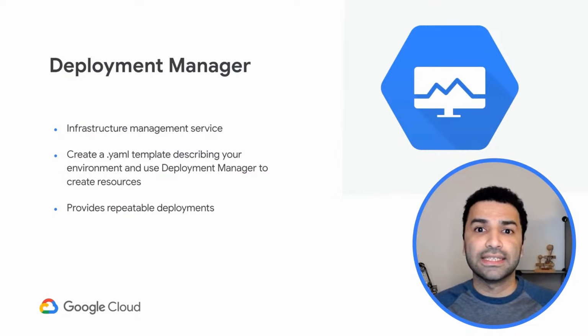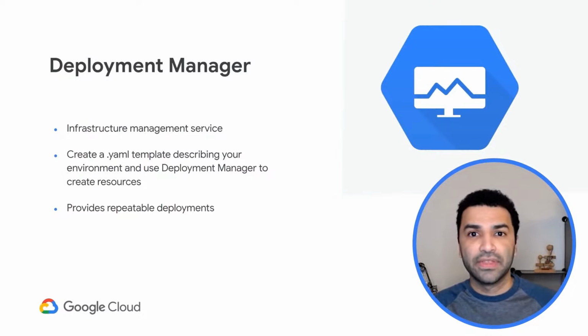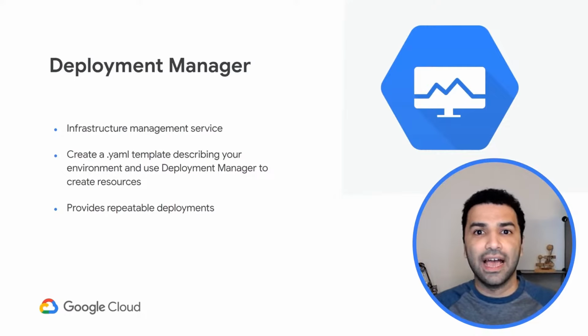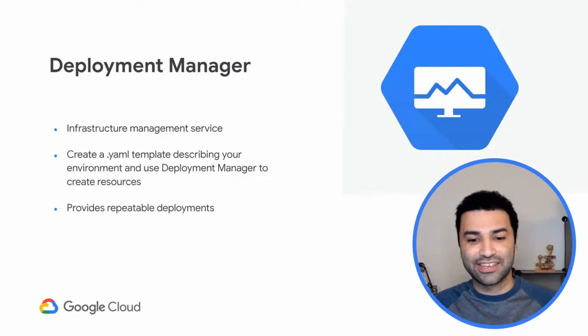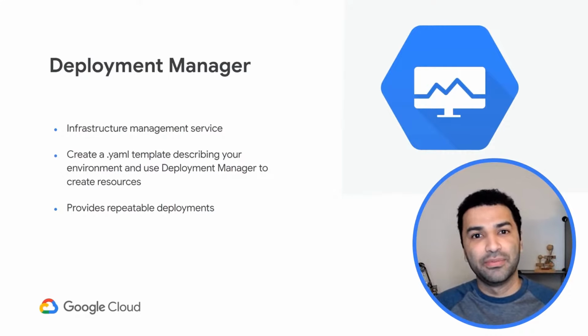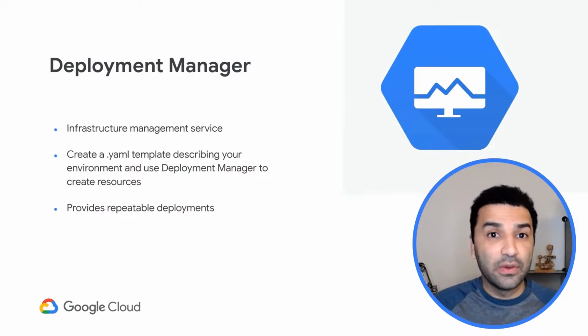Deployment Manager is a way to declaratively define what the infrastructure looks like and then apply it and automatically create your infrastructure. Eventually, you can take that code that created your infrastructure and put it inside a source repository, for example, for versioning and control, and reviews by peers.